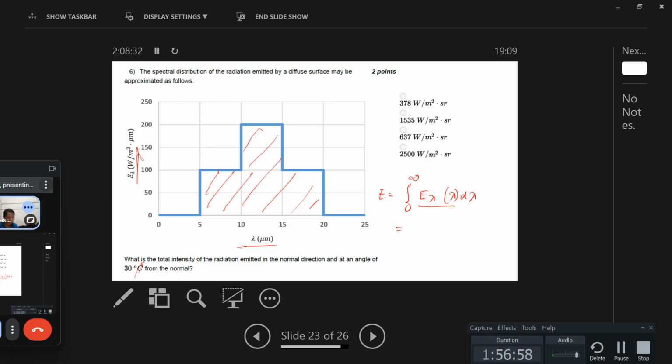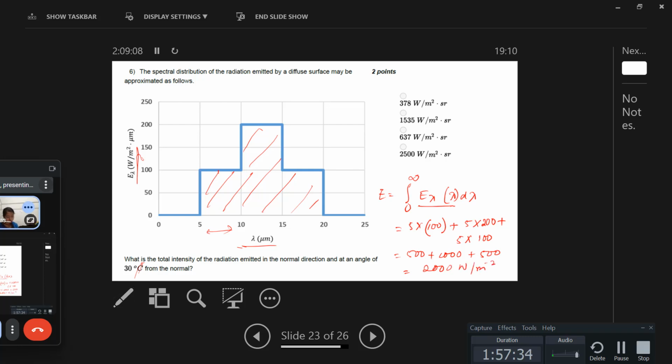So from 5 to 10 is 5 into what is the value of E lambda there? 100, plus from 10 to 15 is 200, plus 15 to 20 is 5 into 100, again 100, right? So 500 plus 1000 plus 500. So this is 2000 watt per meter square.